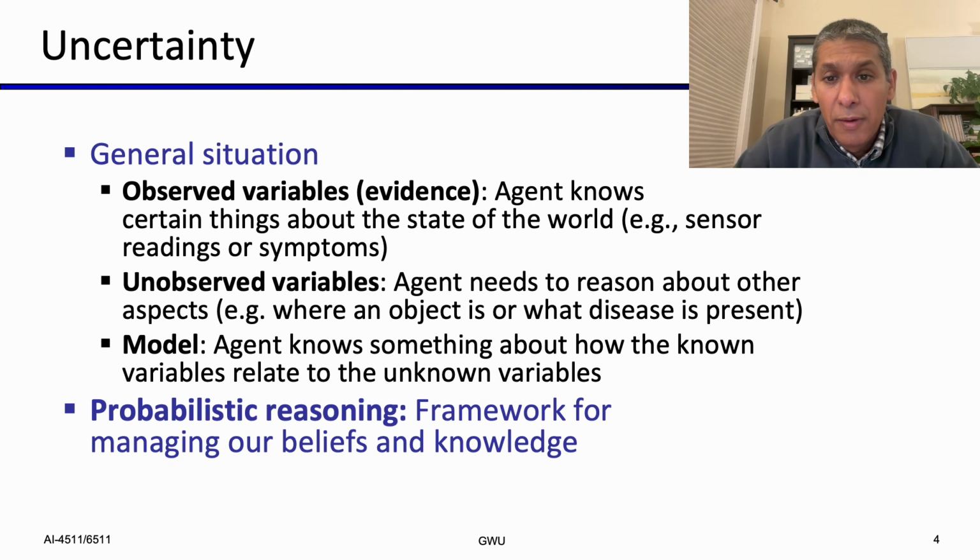And the model knows a little bit about the connections between these variables, and when an observation is made, then the agent needs to make an inference and then be able to use that particular newfound knowledge to the best of its capability. So this is what we refer to as probabilistic reasoning. It's a framework for managing our beliefs and knowledge.